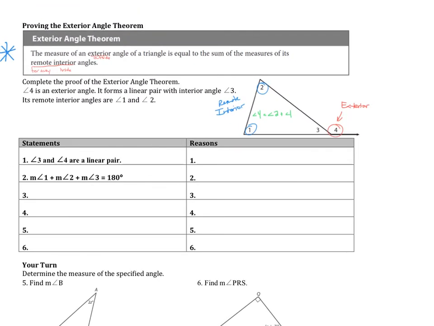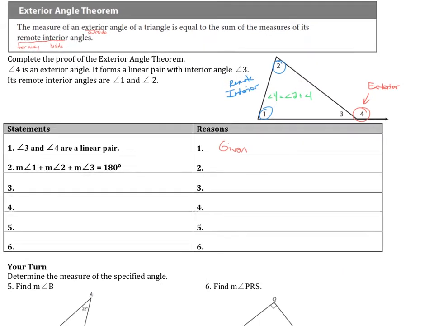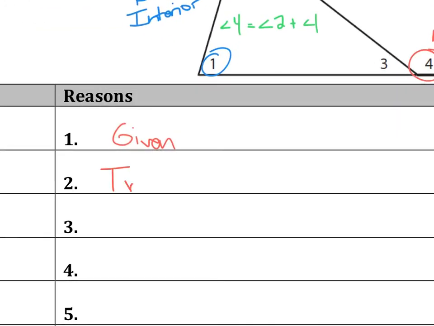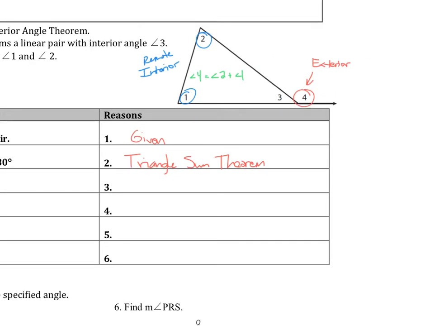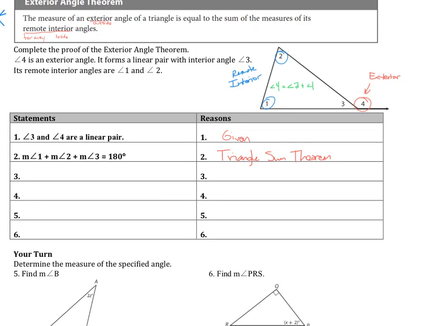So the proof: angles 3 and 4 are a linear pair. That's given from your diagram. Angle 1 plus 2 plus angle 3 equals 180. That's your triangle sum theorem. So we have angles 3 and 4 are a linear pair, and 1 plus 2 plus 3 equals 180.